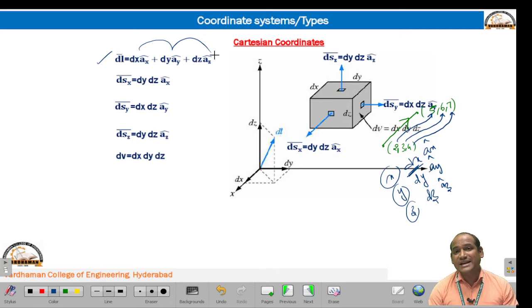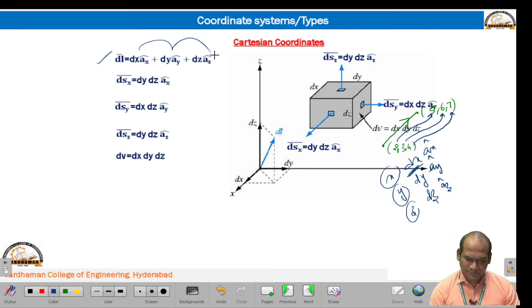That means if you move in the x direction, the differential length vector direction is ax cap only, similarly dy ay cap, dz az cap. But the surface is created because of two variations, two direction movements, and the surface direction is perpendicular to them. That is the point we have to remember.